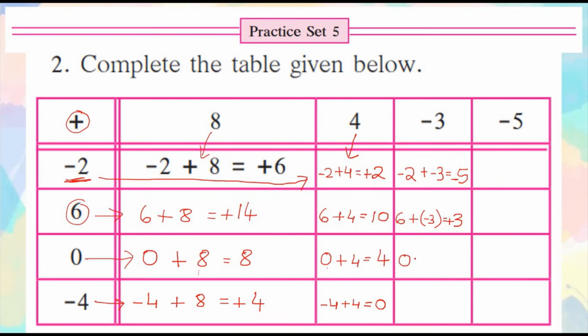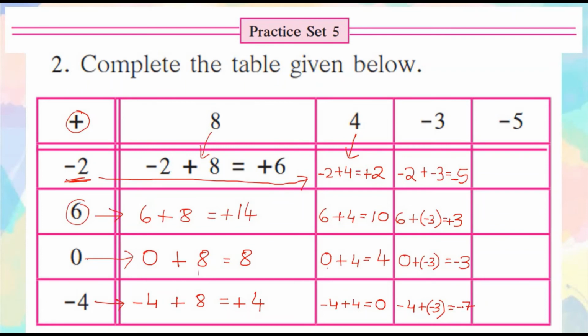So my answer will be plus 3. Next, 0 plus minus 3. Any number added to 0 will be the number itself. So my answer will be minus 3. And the last one, minus 4 plus minus 3. So here, the two numbers are having same sign, which means we are going to add them. 4 plus 3 is 7 and the common sign for both of them is minus.